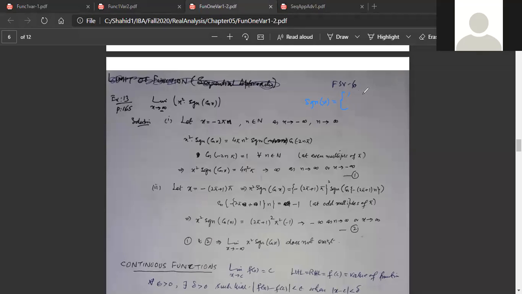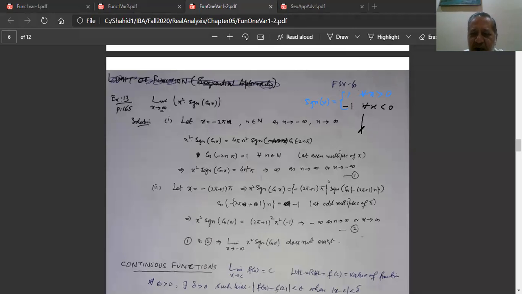This takes value 1 for each x positive. इसका कलर चेंज करूँगा, कहाँ से होगा? And it takes on value -1 for each x negative. And its graph is something like this. Not touching here goes to right side, not touching here goes to left side.